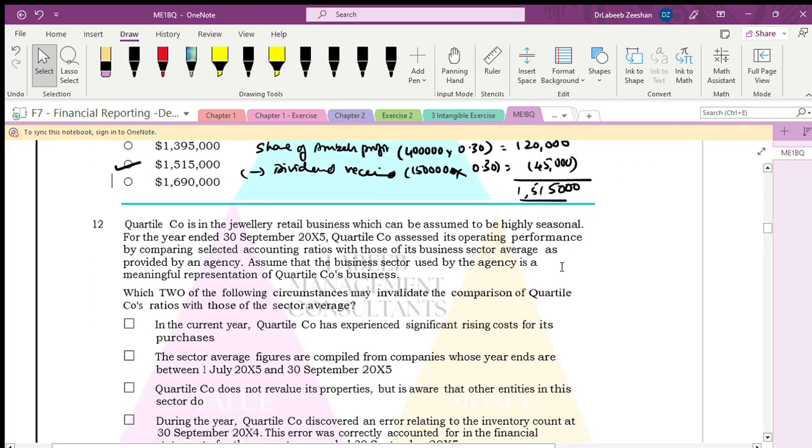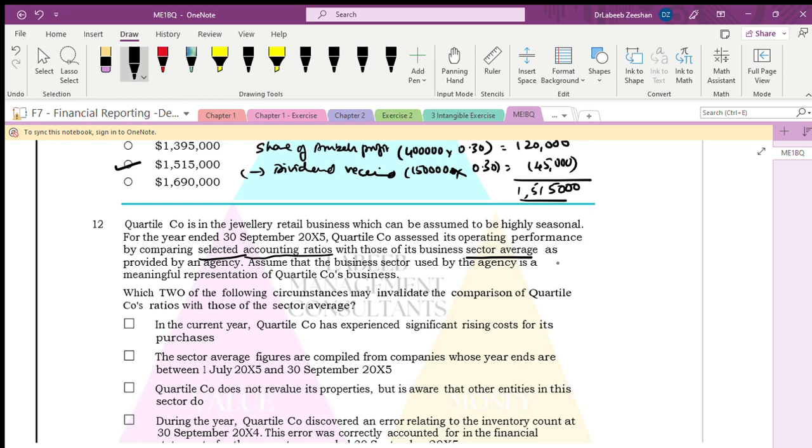Next, what it says: Quartile Company is a jewelry retail business which can be assumed to be highly seasonal, for the year ended 30th September 2005. Quartile assessed its operating performance by comparing selected accounting ratios with those of the business sector average, as provided by the agency.